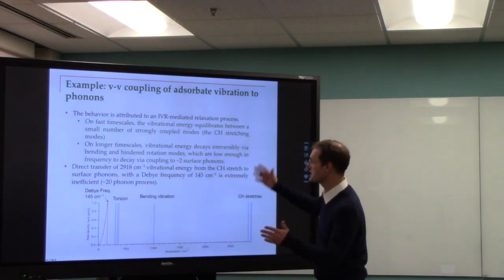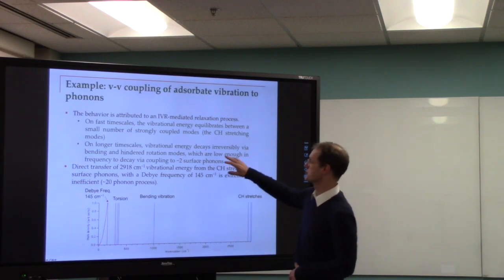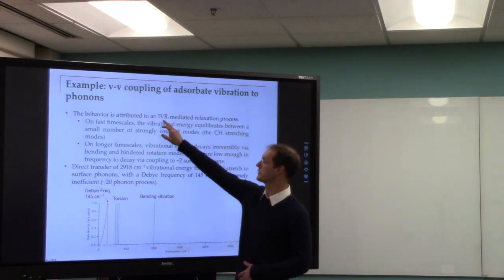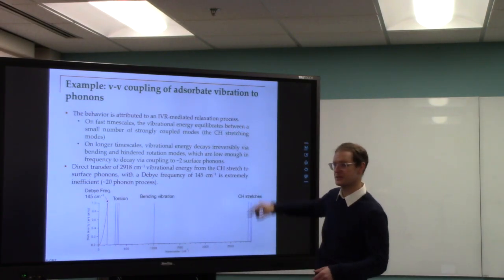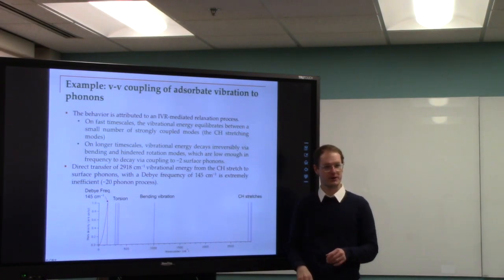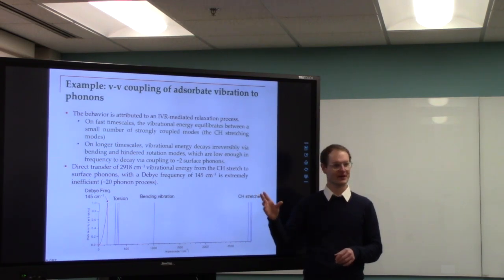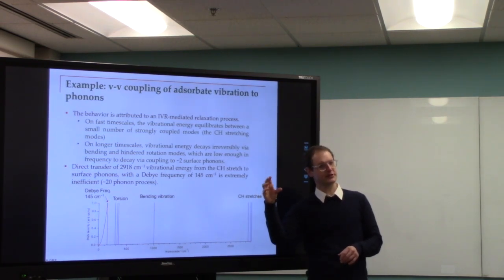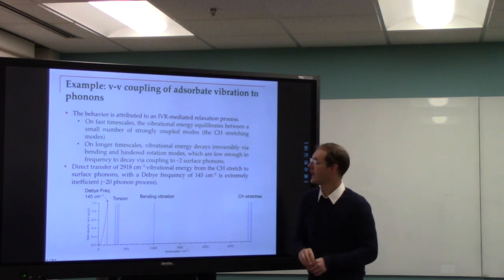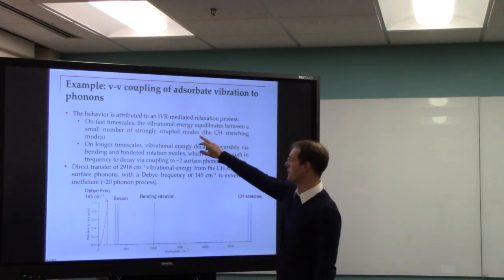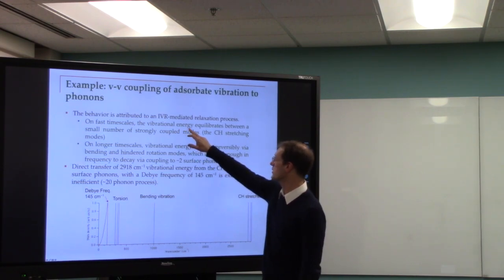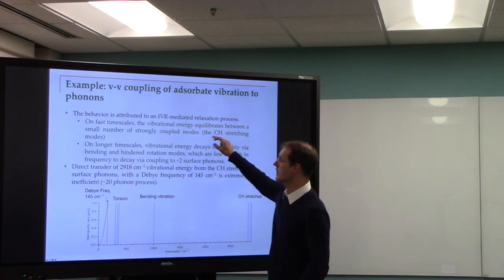That process is really inefficient and it does not happen. So instead, the behavior is attributed to an intramolecular vibrational redistribution mediated relaxation process. You remember IVR is the process by which energy can be transferred from one mode of molecular vibration to another. On fast timescales, the vibrational energy equilibrates between a small number of strongly coupled modes, right?